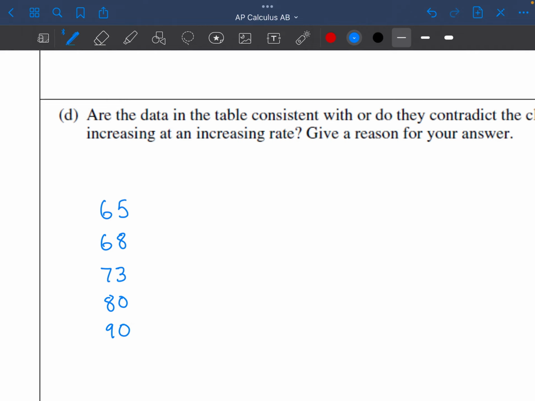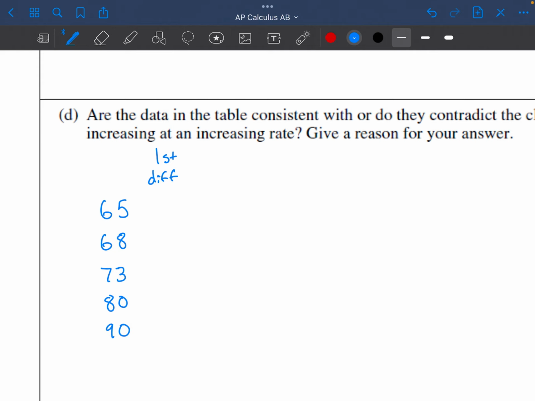Okay, so whenever you look at how much is being added, I think a better way to think about this is, what is this number minus this number? What is that difference? And I'm going to call that the first difference. The first difference represents the first derivative when you're talking about a table.